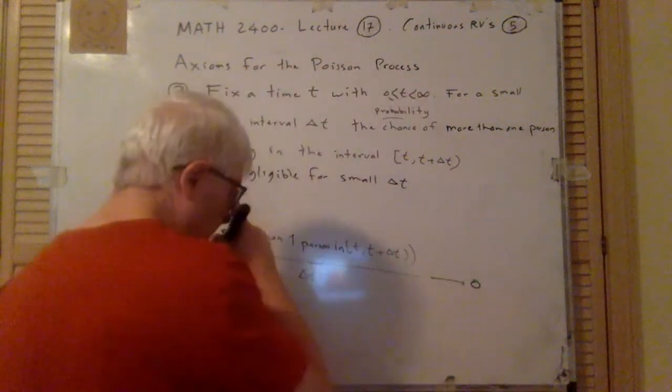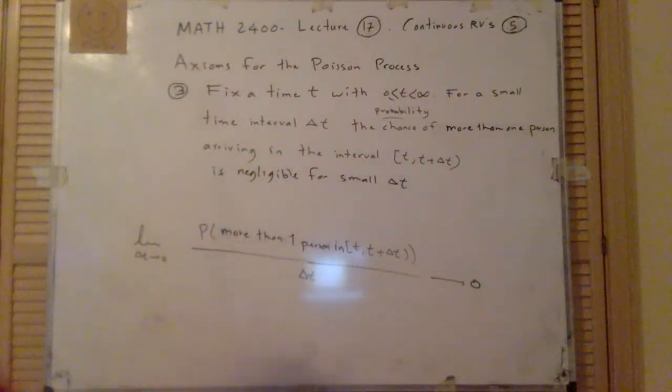Yeah, it's 0. And if you remember from the other lecture, when I was deriving the differential equation for this Poisson distribution, I used these three. In fact, I wrote down the last two of them in a different way. Without using these two and also the first one, I was not able to come up with a differential equation. In fact, I used this fact that if there is more than 1% in that time interval, that limit goes to 0.